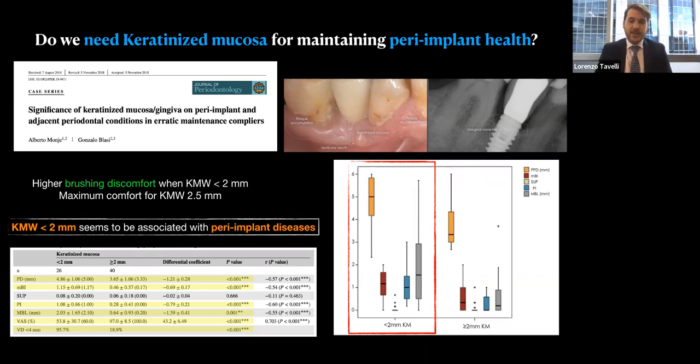So also here, it seems that having 2 millimeters or more of keratinized mucosa may be beneficial also in this scenario.